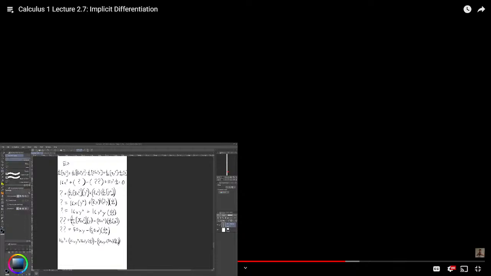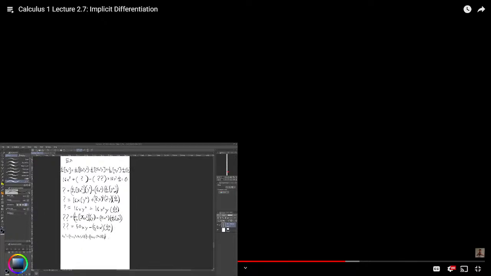And there's the other part too. Plus 16y cubed times dy/dx equals 0.